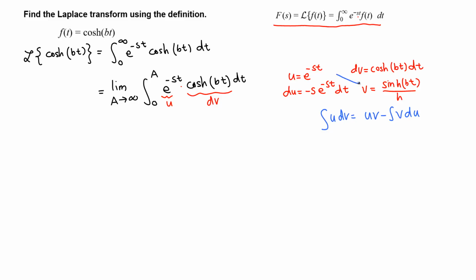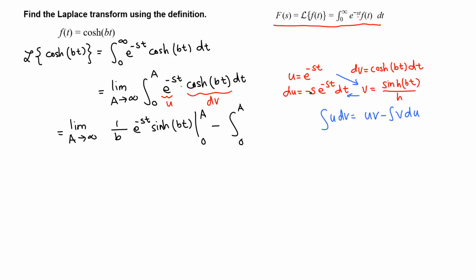So we get the limit as a goes to infinity of the uv part, where v is 1 over b, by the way, this is b, I was supposed to write b there, so 1 over b times e raised to negative st times sine hyperbolic bt, evaluated from 0 to a, minus the integral from 0 to a of v du.